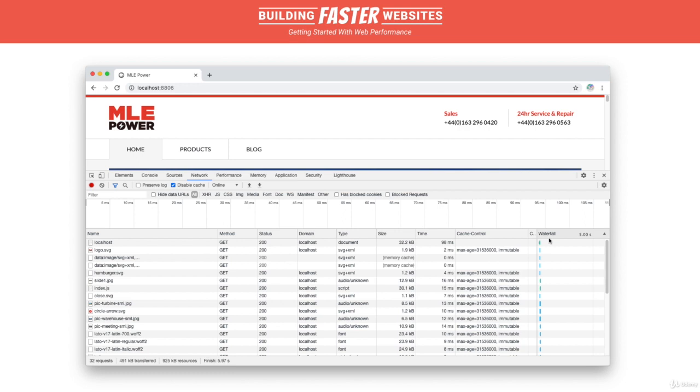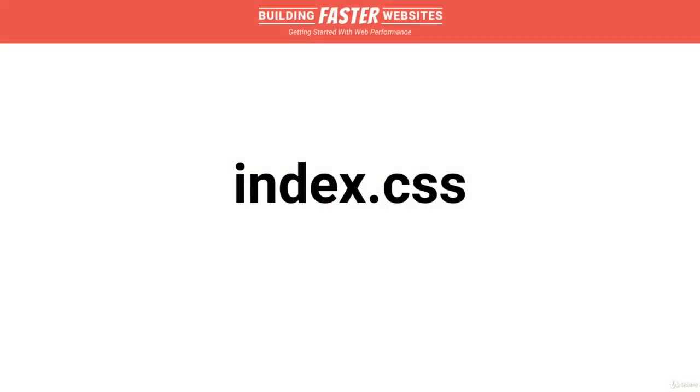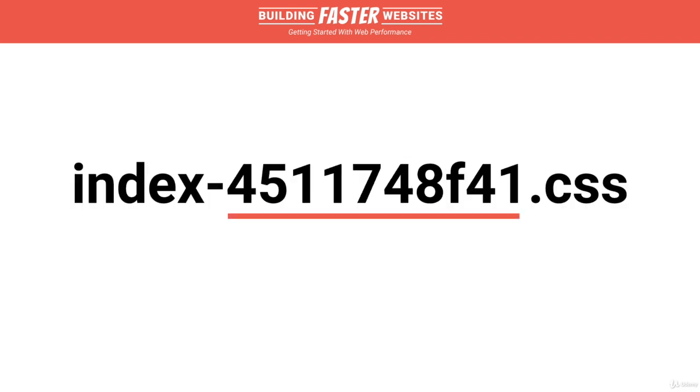So what happens if our files do change? This is obviously something which is extremely likely to happen. We'll deal with this using static asset revisioning. Static asset revisioning means appending a hash of the file's contents to its file name, like so.